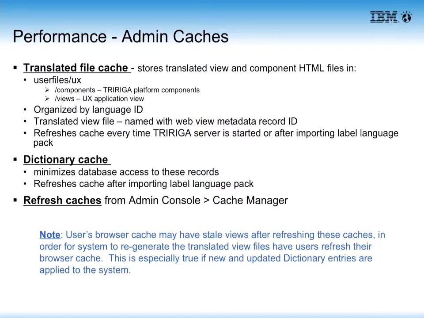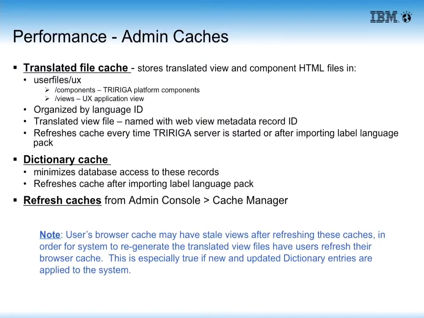So you will notice that when the files were translated and stored into the user files folder, you will see a UX folder, and then it will be divided into subfolders like components and views. So for components, you would expect to see TRIRIGA platform components in there, the translated version of those files, and you will see the UX application view files under the views folder.